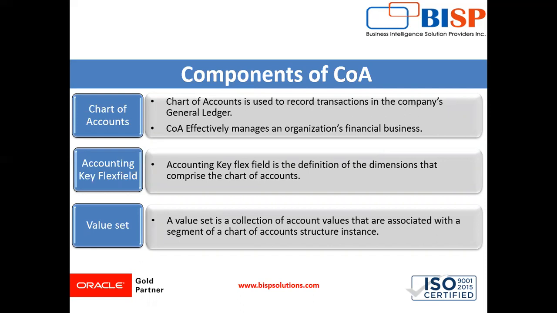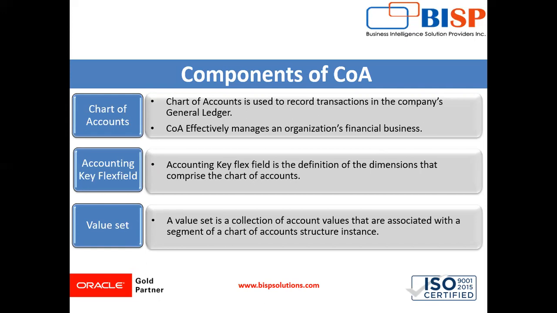So chart of accounts effectively manages an organization's finance and business and also supports the audit and control of financial transactions. It provides the flexibility to the management to create reports and analyze them so that the higher authority can take decisions easily.